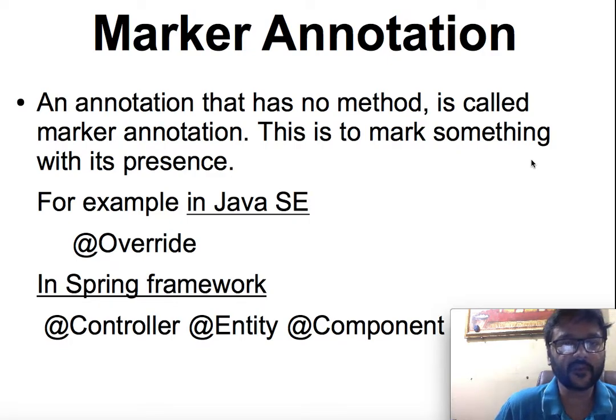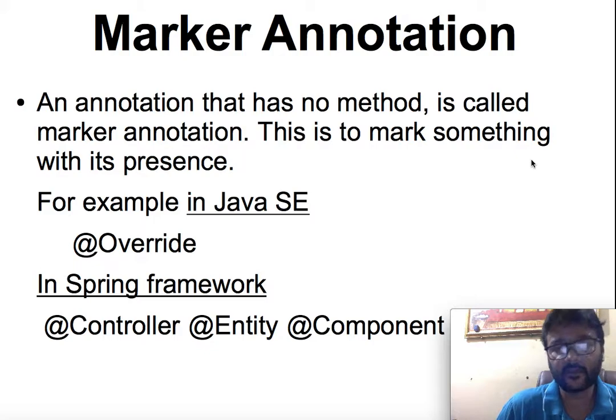And a very good example is the last video which we discussed regarding the override annotation. That is also a marker annotation, because we don't supply any logic to that annotation, we only use it to mark the method which is called the overridden method.